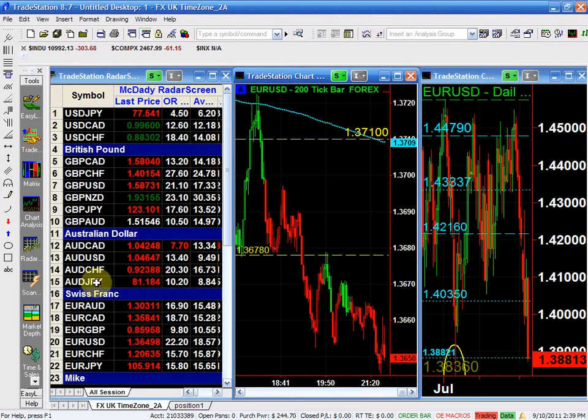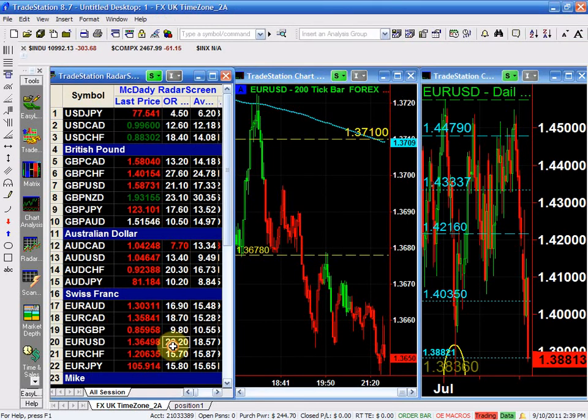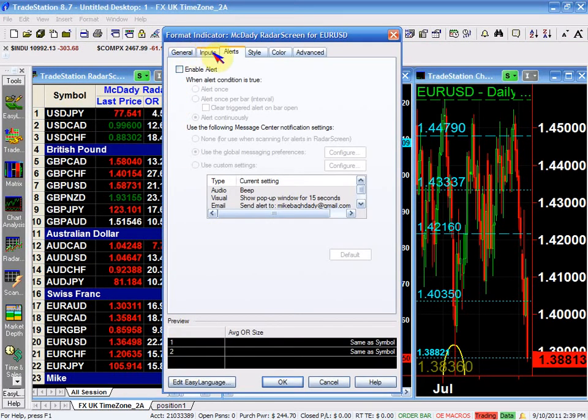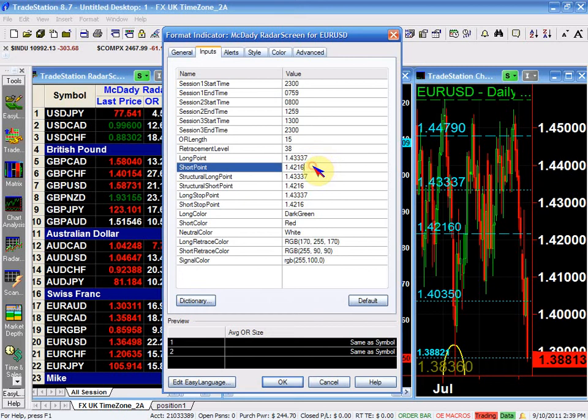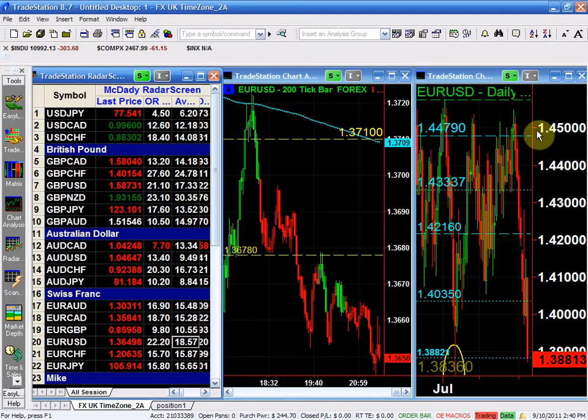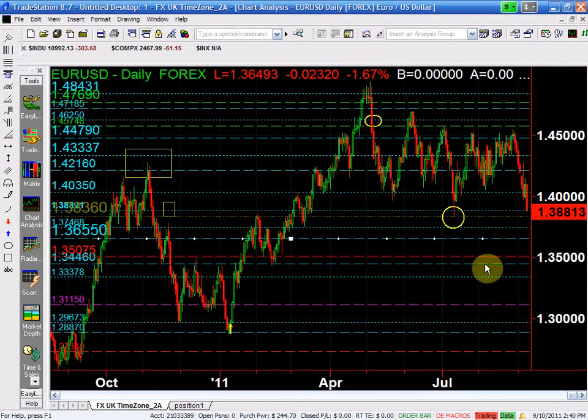So for the euro, we're going to go short below 136.26, and our structural short point.